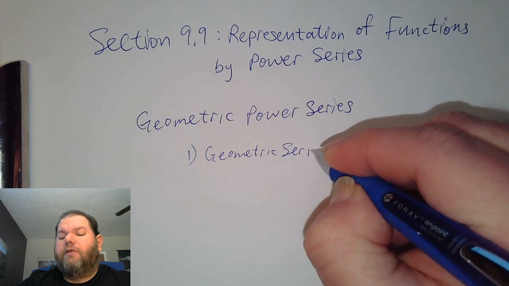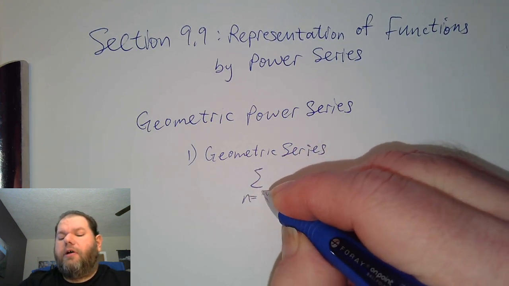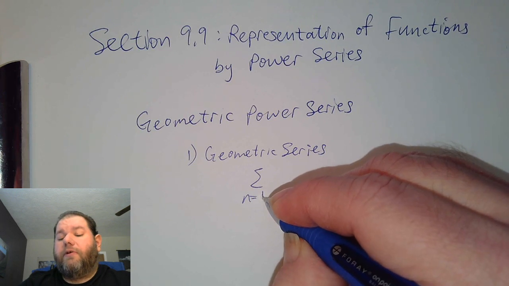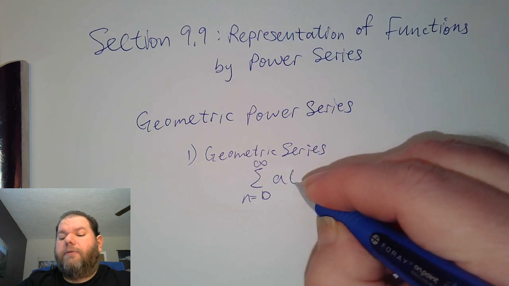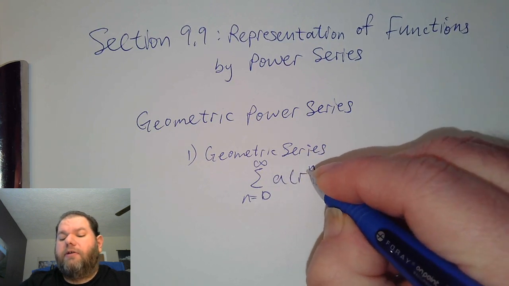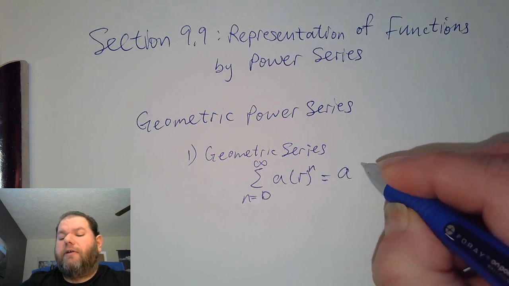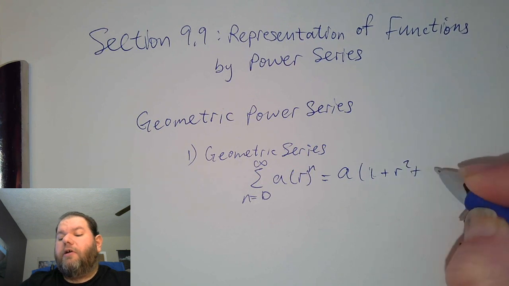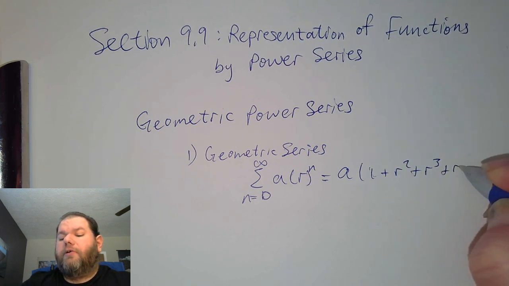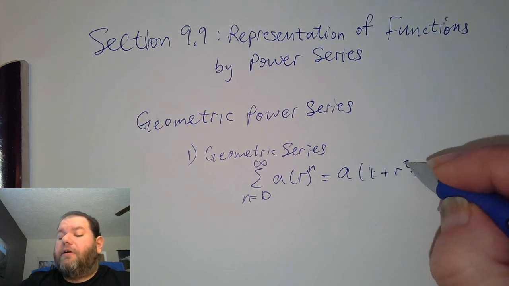Our geometric series was the sum, n equals 0 to infinity, of a times r to the n, which was a times 1 plus r plus r squared plus r cubed, etc. There's an extra r in there, sorry about that.